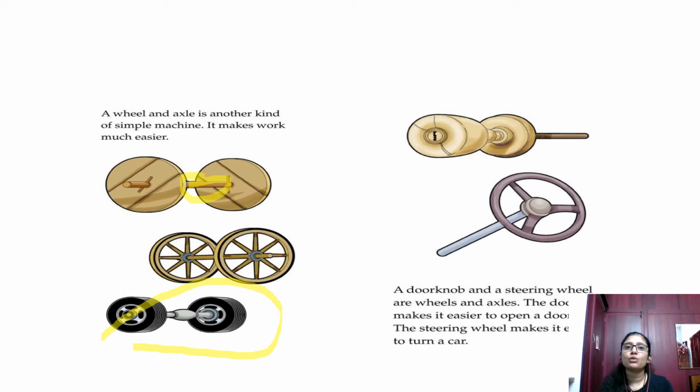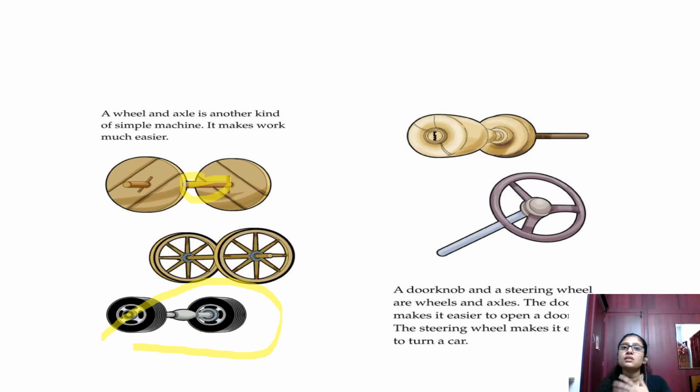And in the same way, a doorknob, the knob that is attached to the door to open and close it. So a doorknob and the steering wheel are wheels and axles. The doorknob makes it easier to open the door. Instead of pushing the door or pulling the door like this, you don't have to apply much energy. You just have to roll that knob so that the door is unlocked. You can open it again, you can close it, and just twist it. So twisting and twirling.